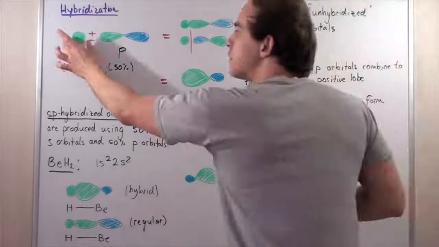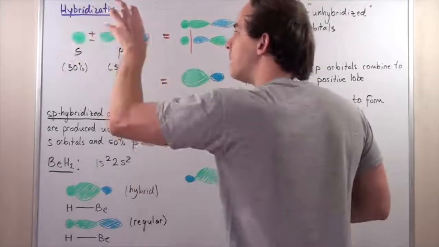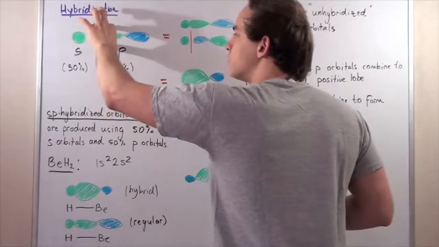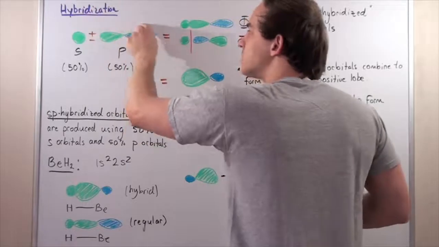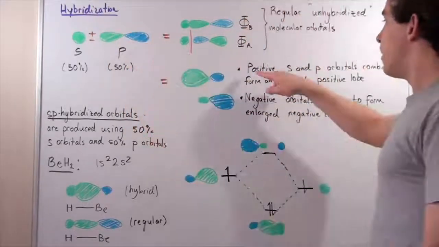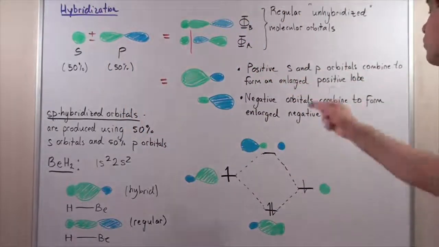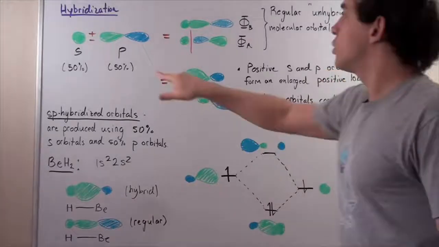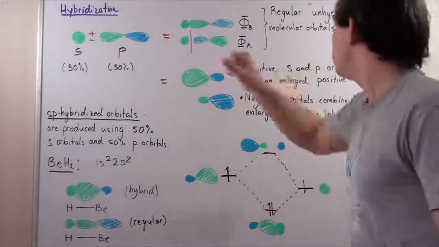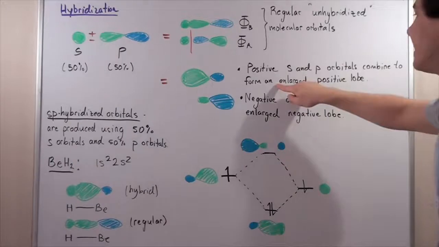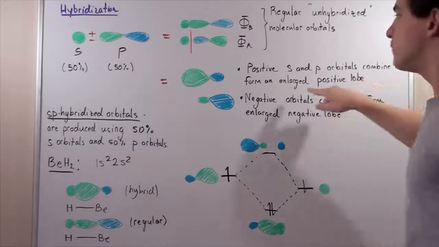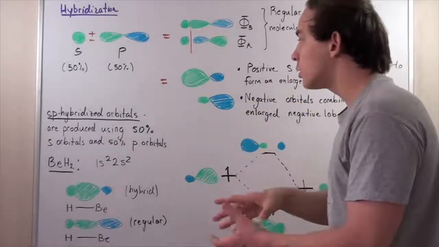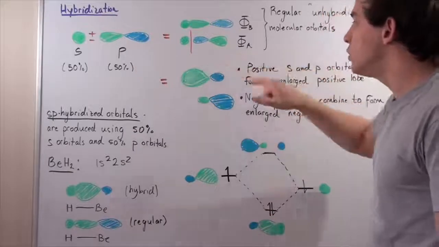Now, when this s combines with this positive p, we get the following hybridized orbitals. In other words, this positive region simply combines with this positive region, and this becomes smaller. So a positive s orbital combines with a positive p orbital. The two greens combine, the blue becomes smaller, to form an enlarged positive green lobe and a smaller or thinner negative blue lobe.